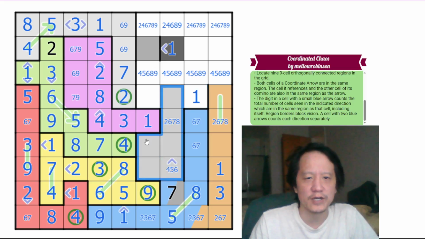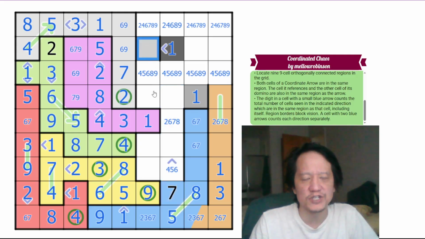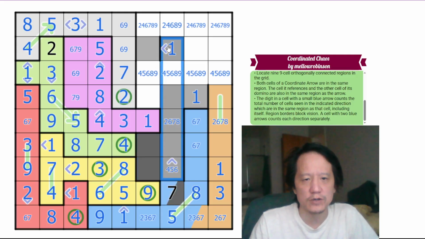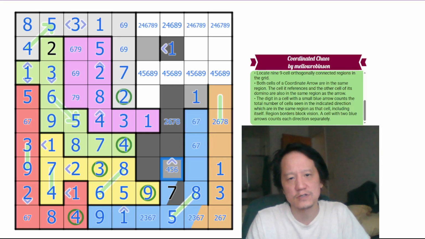Sorry, this part's not medium. This has to be with dark. So this is dark. So this cannot be medium because it can't reach here if that's medium. So then this is dark. So this must be all dark, which makes that 6, right?